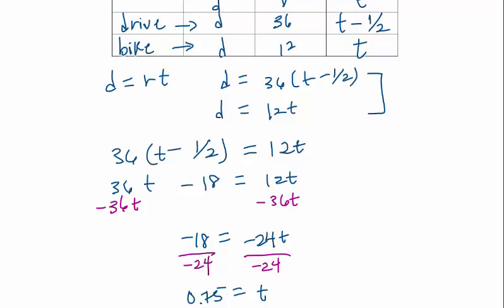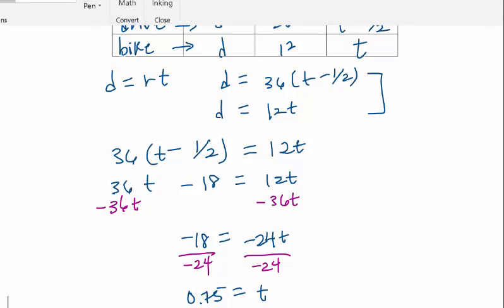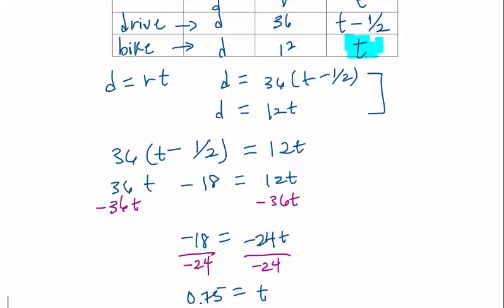Okay, at this point, we just have to go back and ensure we are answering the question. And it says, how long does it take for Jackie to get to school? And we know how long it takes for her to bike or bicycle because that is this t that we solved for. Okay, and that's 3/4 of an hour, 0.75 hours.